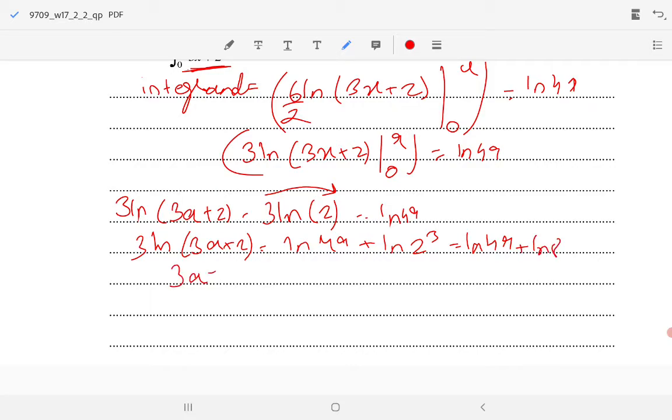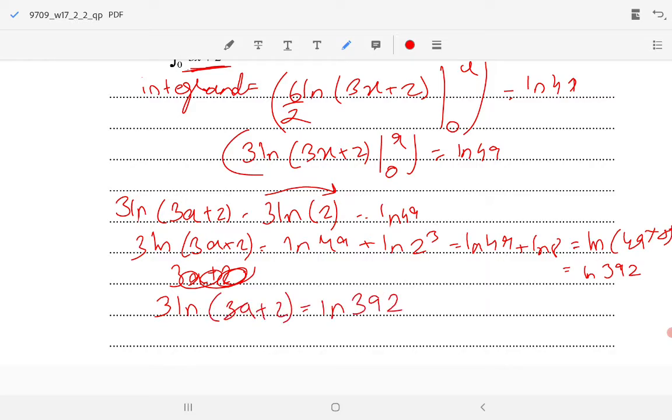We can simplify this further: ln 49 times 8, which is ln 392. So 3 ln 3a plus 2 is equal to ln 392. Ln 3a plus 2 the whole cube, power laws of logarithms, equals ln 392.